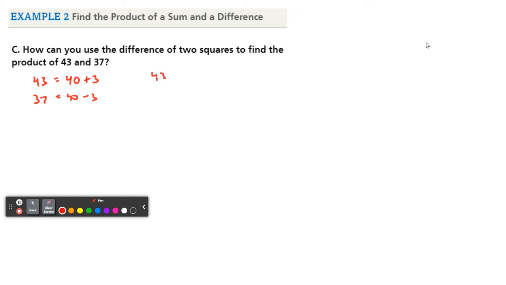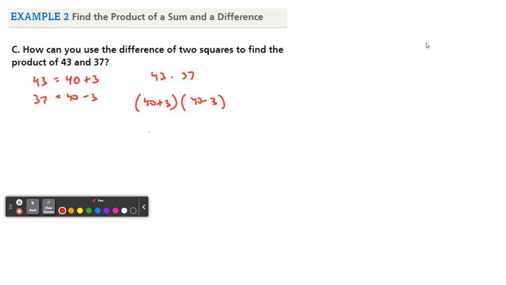So to find 43 times 37, I'm going to take 40 plus 3 and multiply by 40 minus 3, which is going to be our difference of two squares because it's the same two parentheses, but one's positive, one's negative.